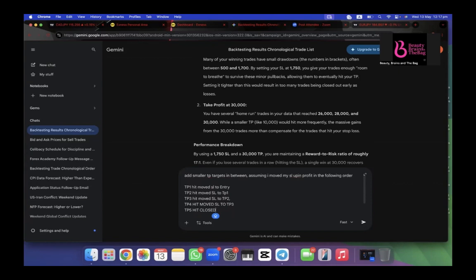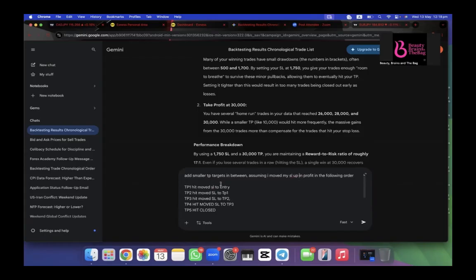What would be the best values for all my TPs? So I told it: add smaller TP targets in between, assuming I move my SL up in profit in the following order.